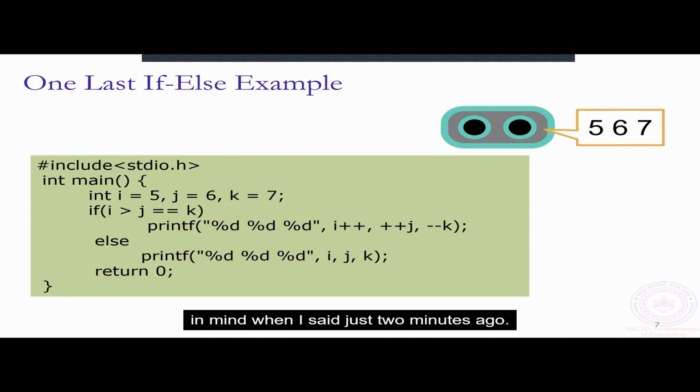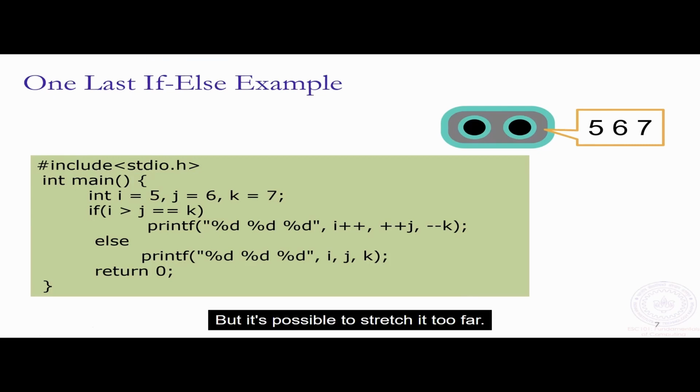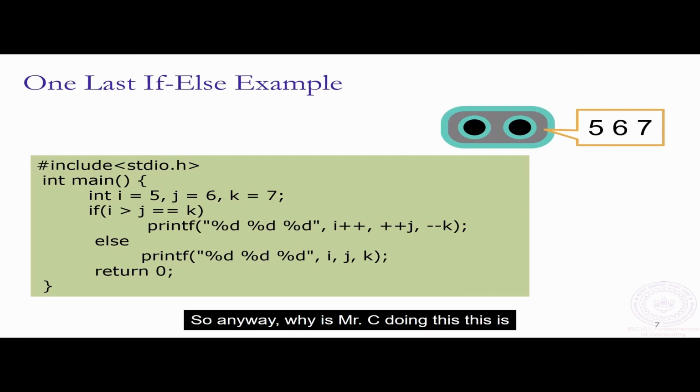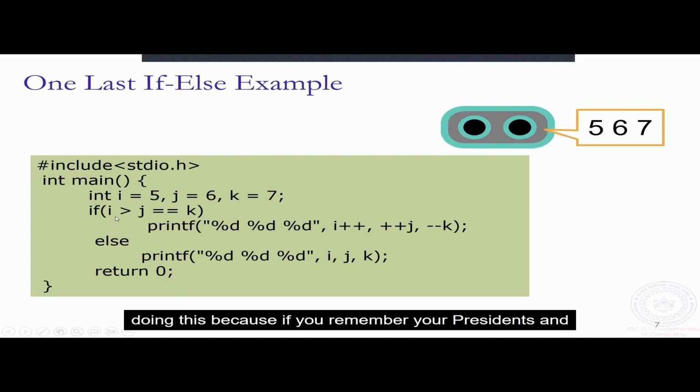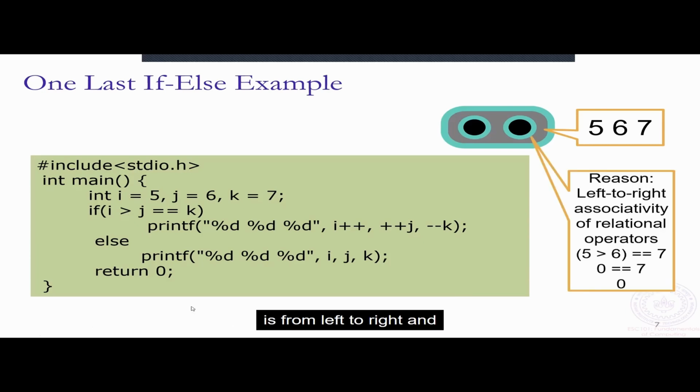What I said just 2 minutes ago is sort of a general principle, but it's possible to stretch it too far. So for simple code like this, you don't need braces. I haven't put braces. So anyway, why is Mr. C doing this? Mr. C is doing this because if you remember your precedence and associativity calculations, the associativity of these relational operators is from left to right.